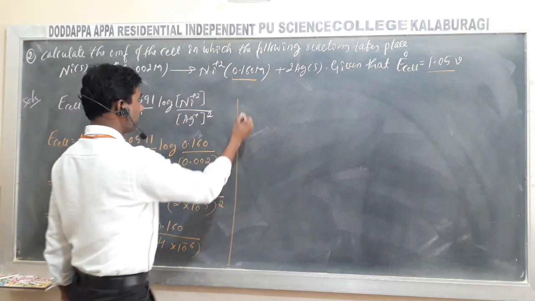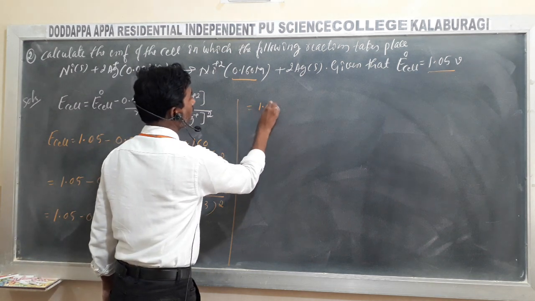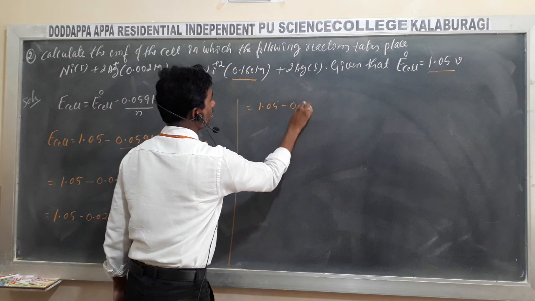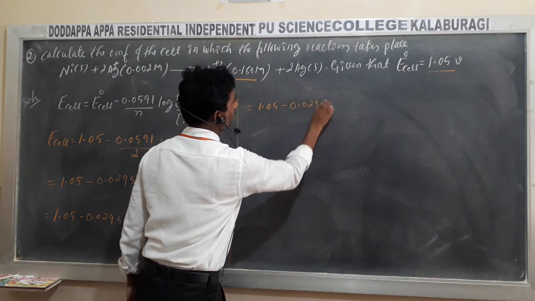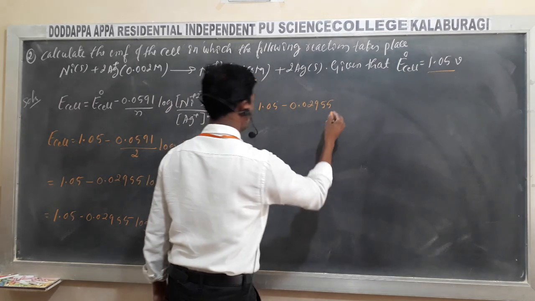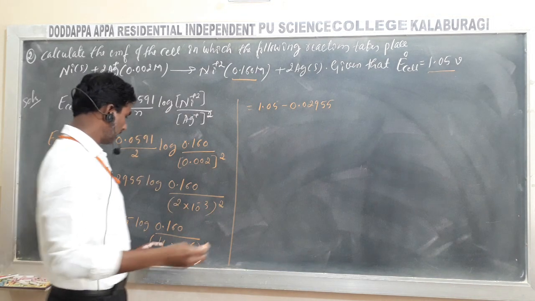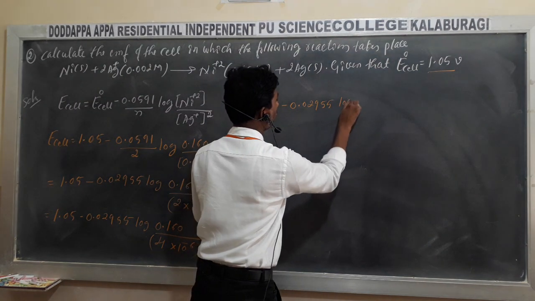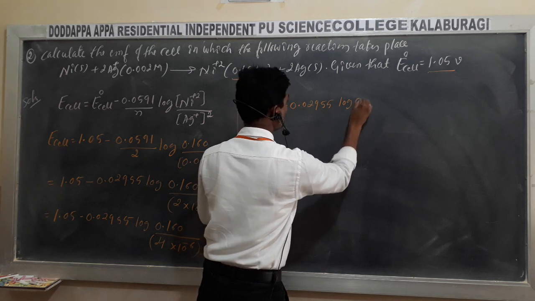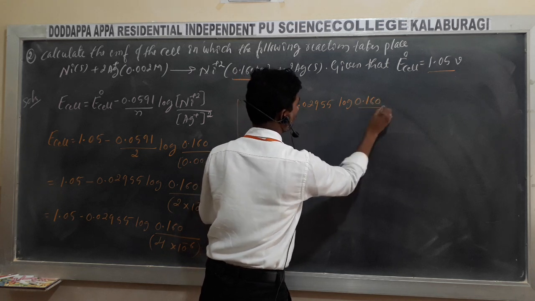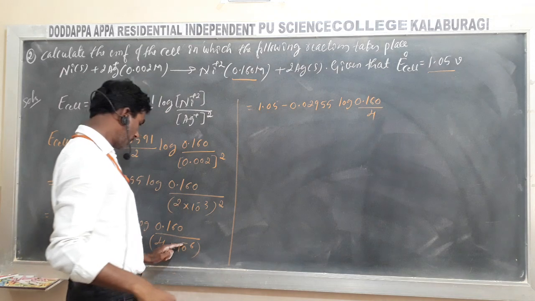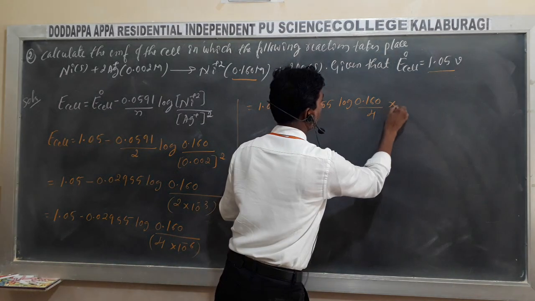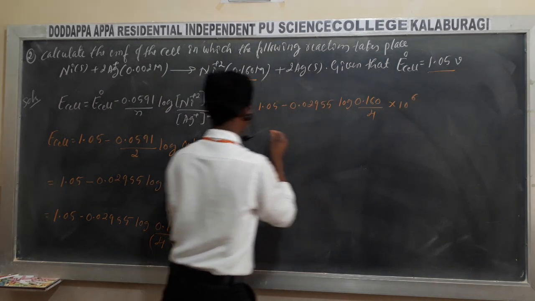Now 10 to the power of minus 6 comes to the numerator, so it is 10 to the power of 6.